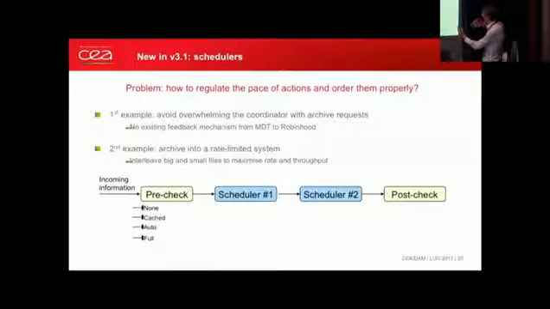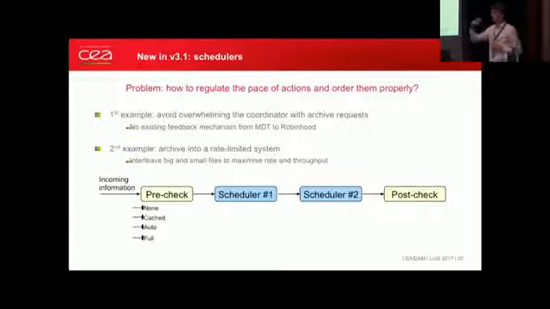Robinhood has this three-step process. First, it will pre-check the entries. What I call pre-check is a revalidation of the attributes. Either no validation is done if you trust your database, or it can use the cached information. It can decide to revalidate only the attributes that are used by the policy, or it can do a full revalidation, so systematically restat and get HSM info from the file system.